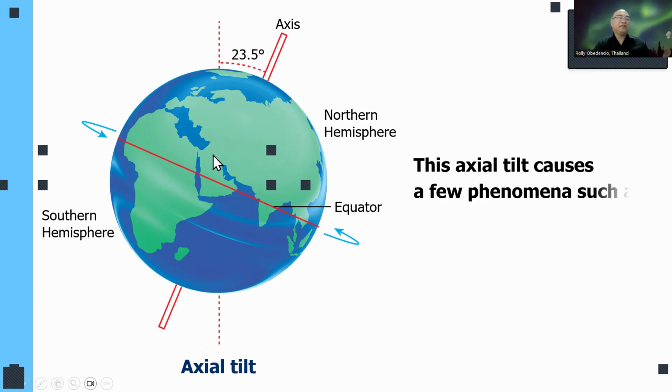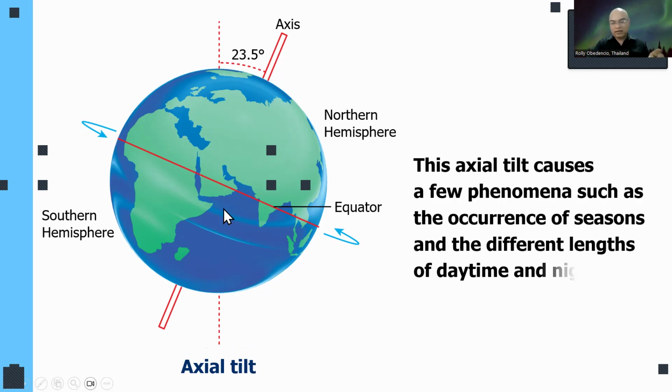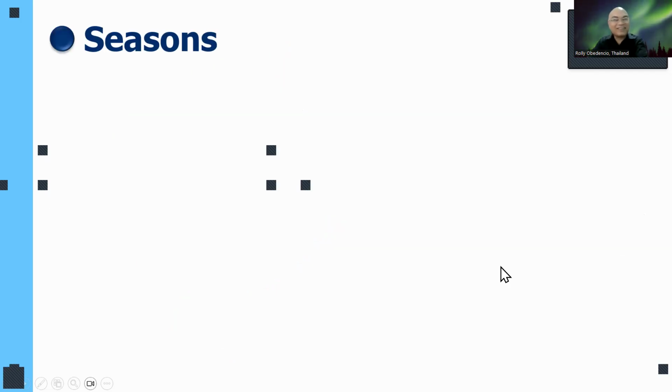And this is the equator where the sun is at its highest peak. And so look at this axial tilt, look at my finger. This axial tilt causes a few phenomena such as the occurrence of seasons and the different lengths of daytime and nighttime.